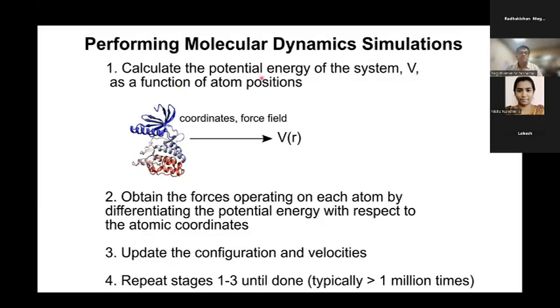So what we do is we calculate potential energy with respect to the atom positions, because we know where every atom is. And then we give an acceleration in terms of temperature. So when we heat up the system, the molecules start vibrating.